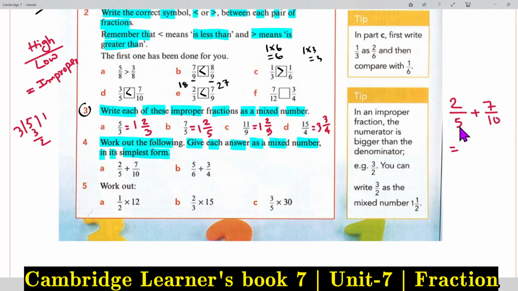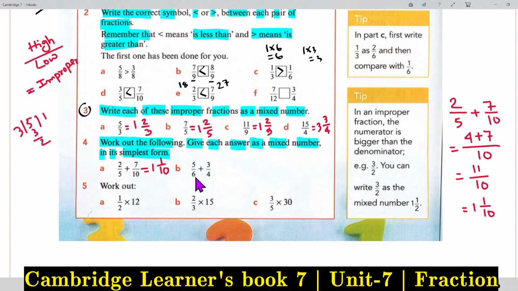So here the denominators are 5 and 10, LCM will be 10. So 10 divided by 5 is 2, 2 times 2 is 4, plus 10 divided by 10 is 1, 1 times 7 is 7. So 4 plus 7, 11, divided by 10. So it will be 1 and 1 by 10.